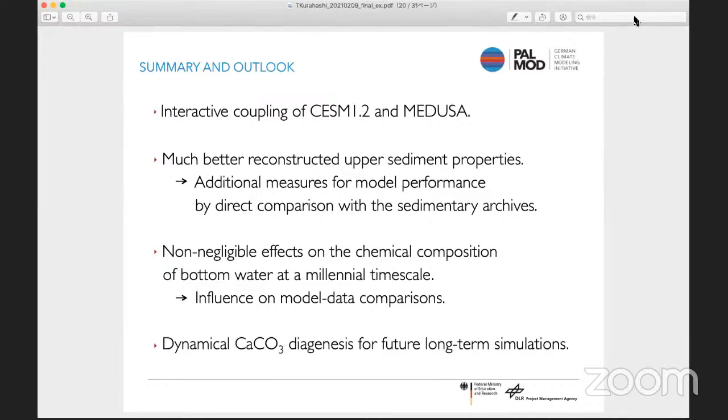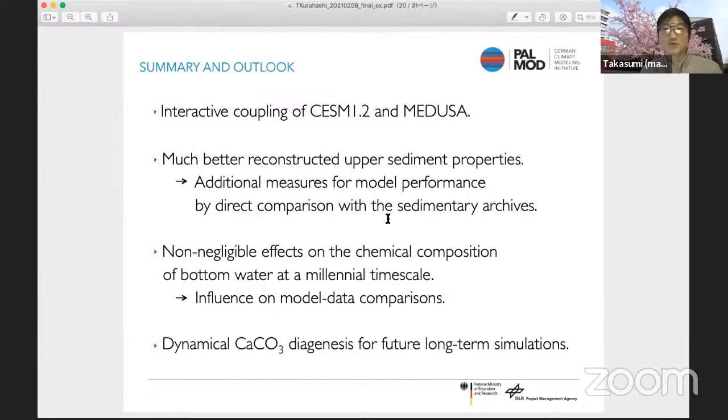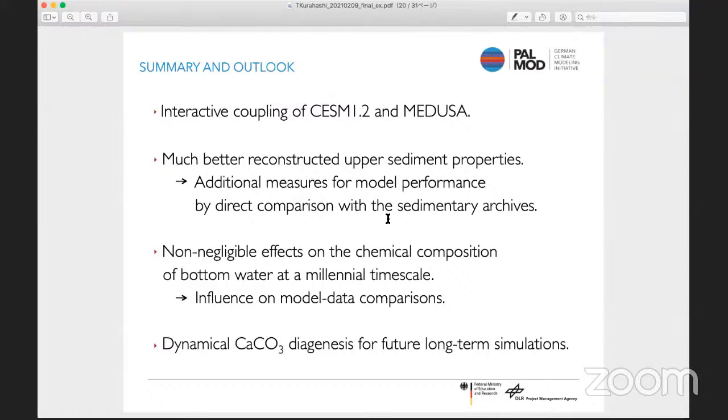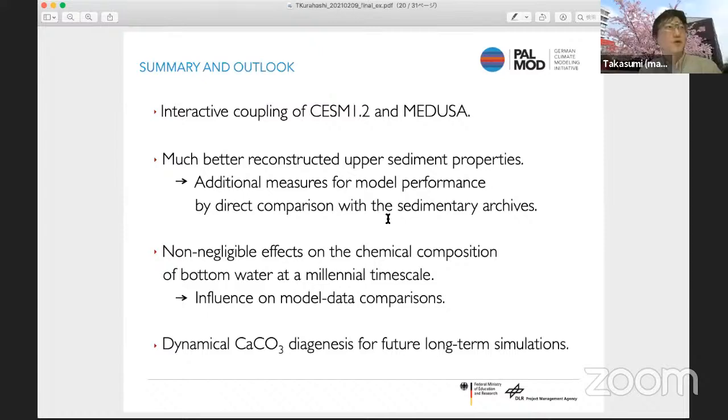Hi. I was wondering if this model handles any sediment transport on the seafloor, and if you're going to think about different aeolian and fluvial inputs of particulate matter in different climates. You were asking about the horizontal transport of sediment. Yeah, that's right.